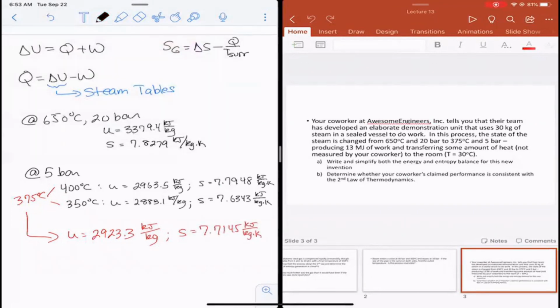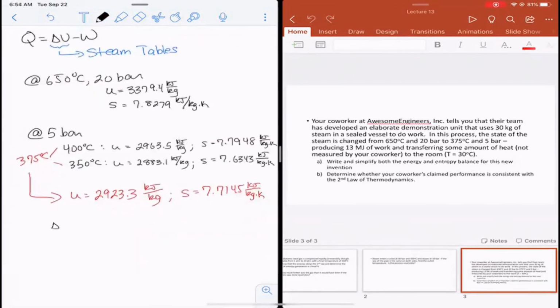Okay, so from here, we can calculate the change in the internal energy of our system.